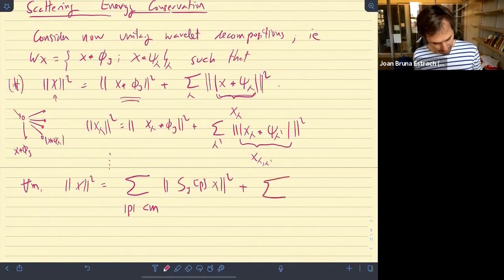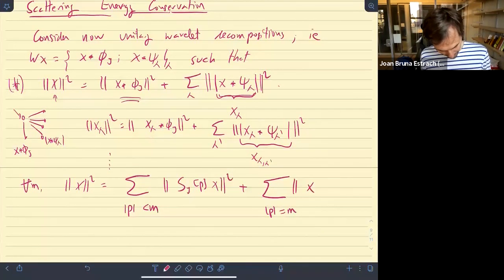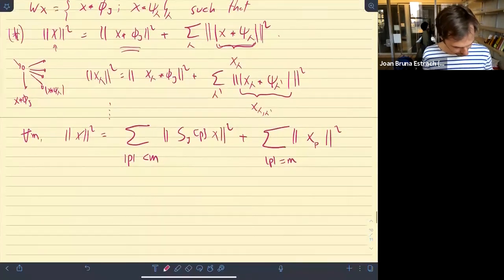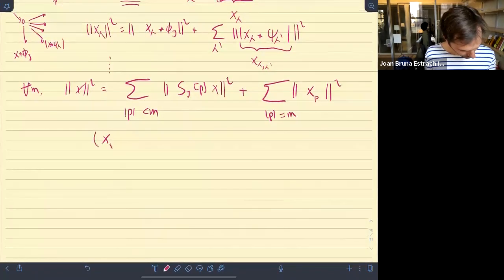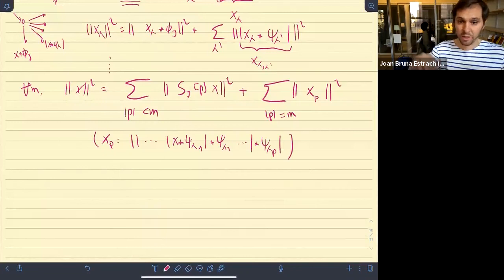The residual is basically just collecting what I have at the last level of the transform, which is the transform without applying the low-pass filter.